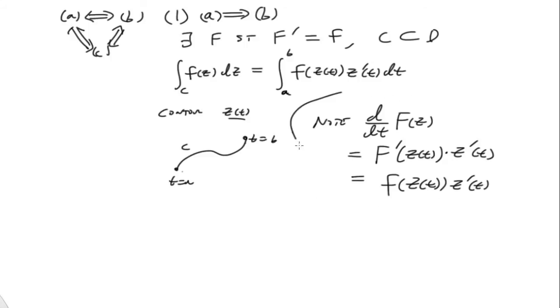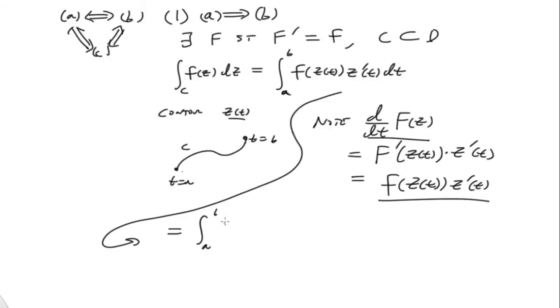So I can rewrite this as the integral from a to b of d dt of capital F of z of t dt, and of course this is the fundamental theorem of calculus. This derivative has real and complex parts, but the integral we can perform independently for each part, so it's just two real-valued integrals. But we can write it as follows.